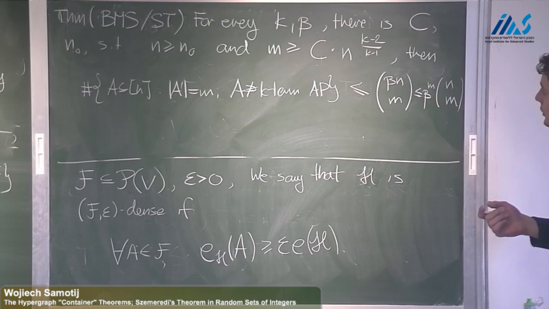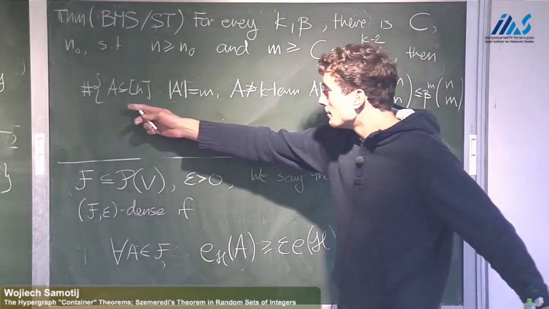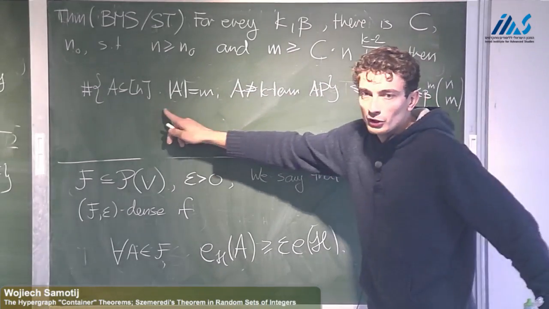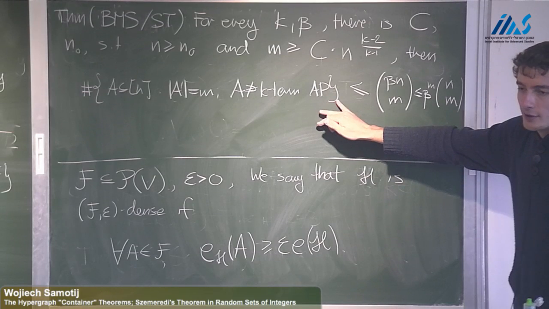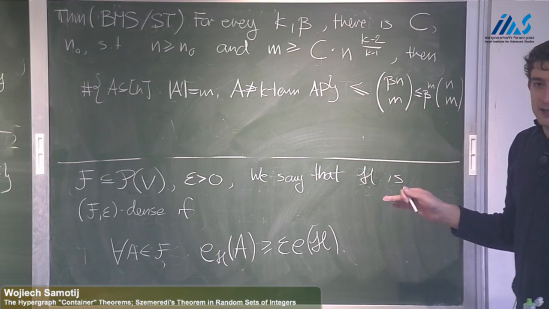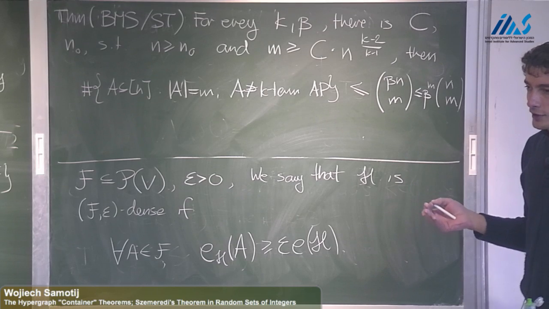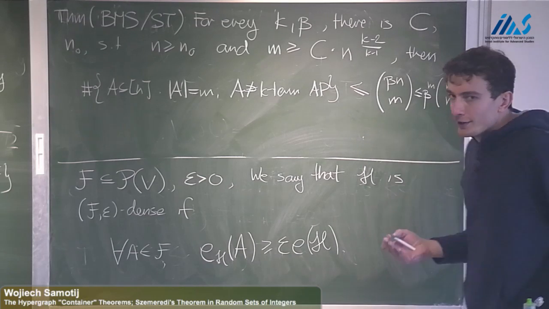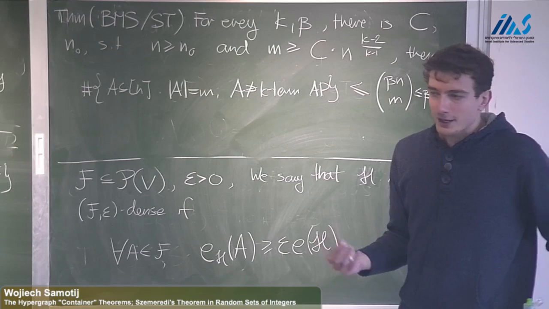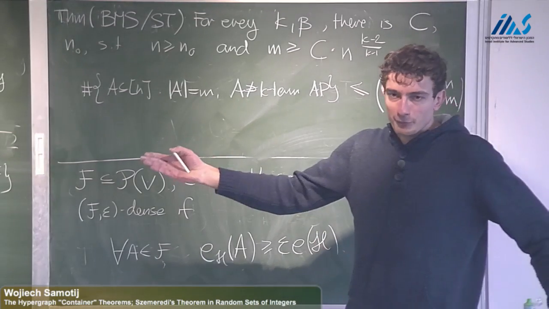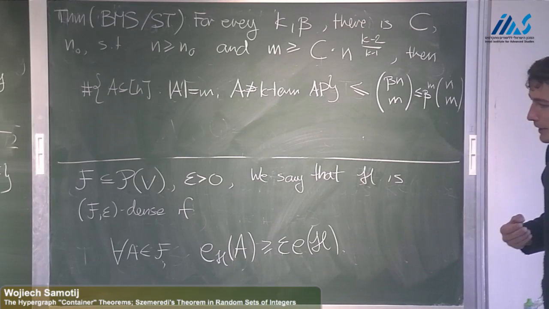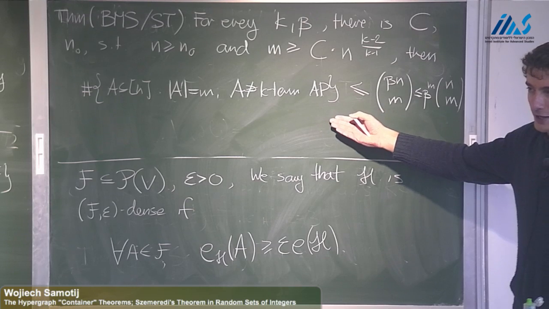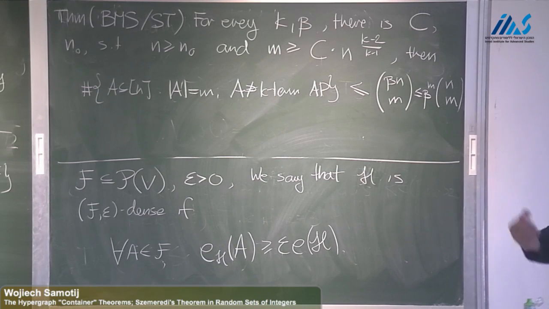If I take m to be linear in n, then the theorem will tell me that, if I take a to be 2 beta n, then there are 0 sets which contain 2 beta n elements with no k-term arithmetic progressions. So this implies Szemeredi's theorem. But as you know, Szemeredi's theorem is a very difficult theorem, and I'm not claiming that I have proved it. So I better use the statement of Szemeredi's theorem as a black box when I'm proving this statement. So indeed, this is what we will have to do.